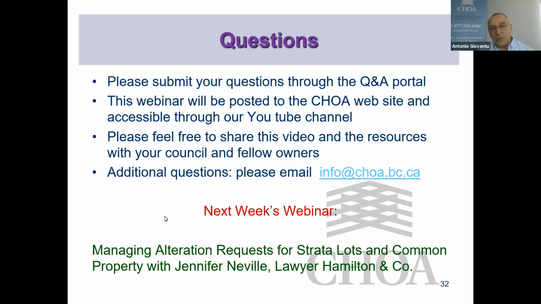So if somebody requests a skylight in their townhouse and they get permission to install the skylight, just because they put in a skylight doesn't mean it's part of their strata lot. If it's on common property, it continues to be common property. And it's always better for the Strata Corporation to maintain, repair, and inspect common property.